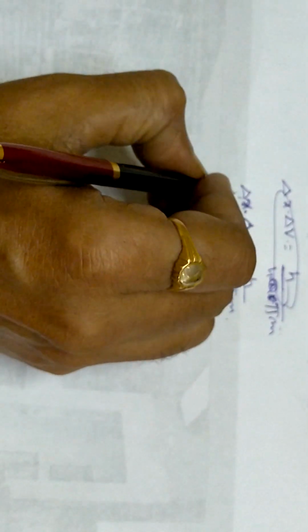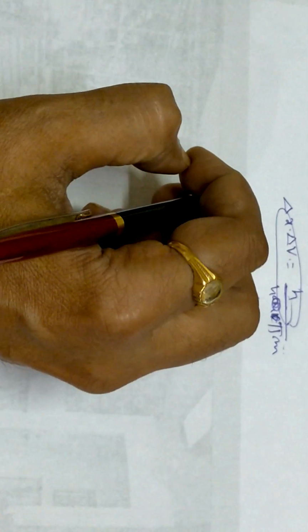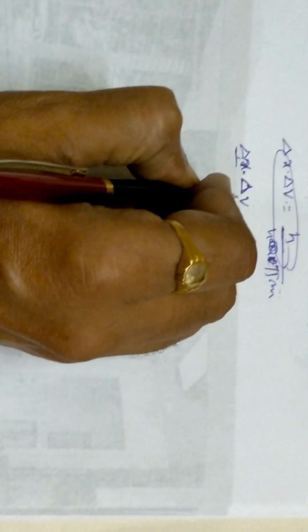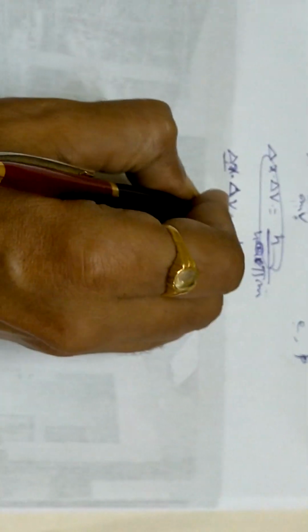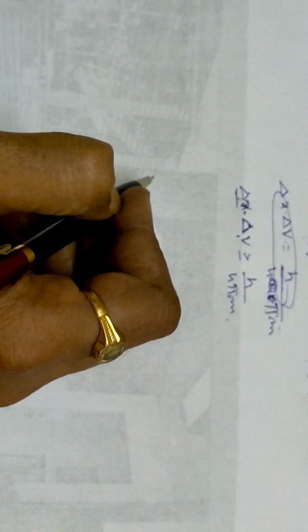Now suppose I am able to make the uncertainty of the electron's position zero, meaning I can locate the position exactly, then what will be its uncertainty in the velocity? It is infinity. That is what we will normally ask.